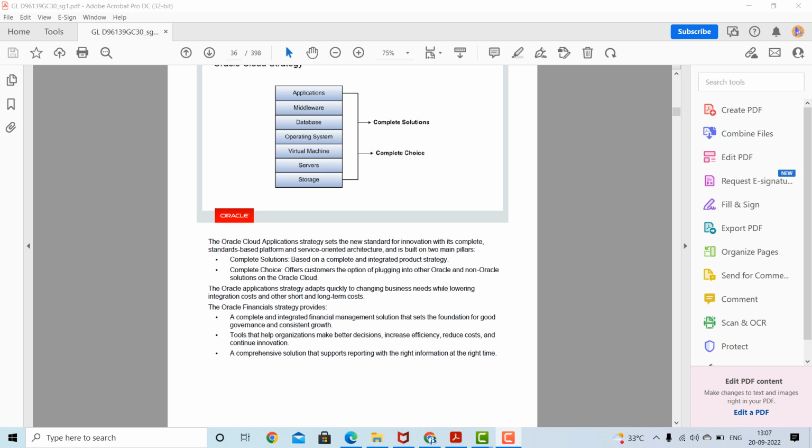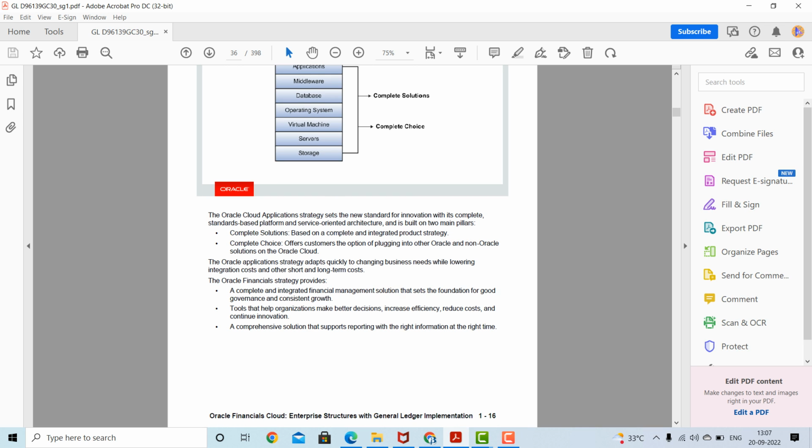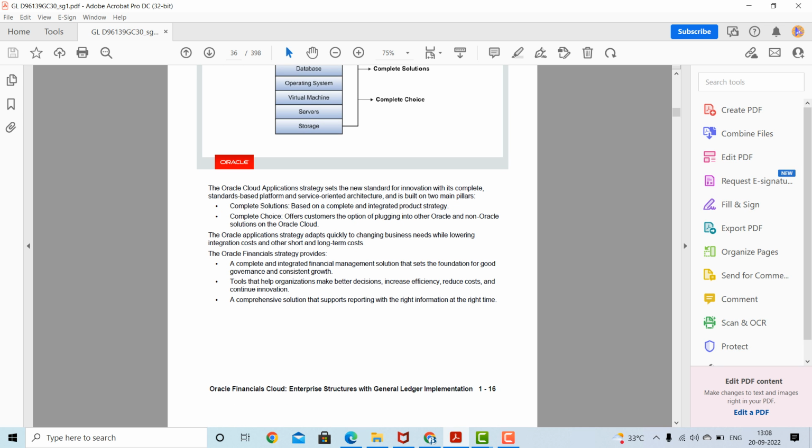Tools that help organizations make better decisions, increase efficiency, reduce cost and continue innovations. A comprehensive solution that supports reporting with the right information at the right time. So these are the lines where Oracle can easily adapt to quick changes in business needs.